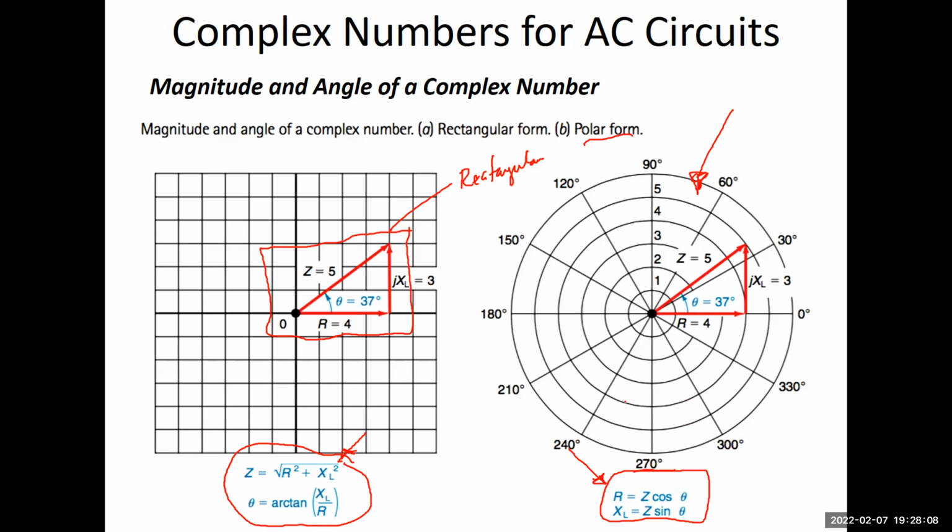Mag-IMG lang kayo about your calculators para malaman nyo kung paano mag-convert ng rectangular to polar and vice versa.